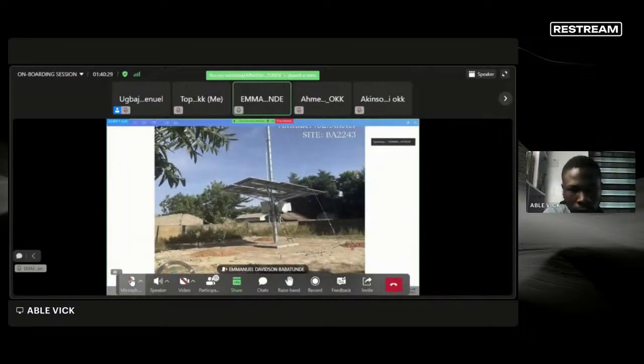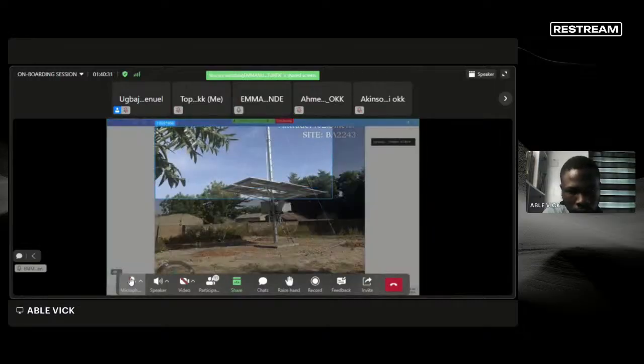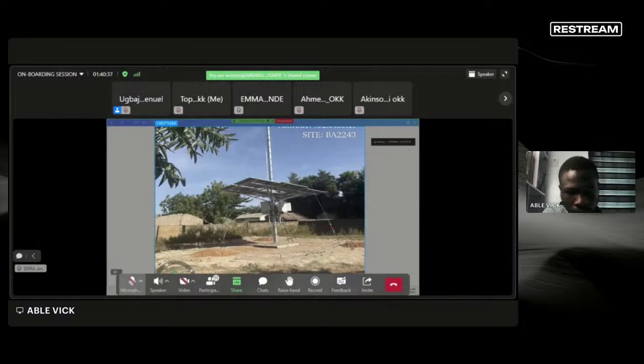If I go to this side and I just carry my tape and measure from here to here, 1.2 meters should be confirmed.